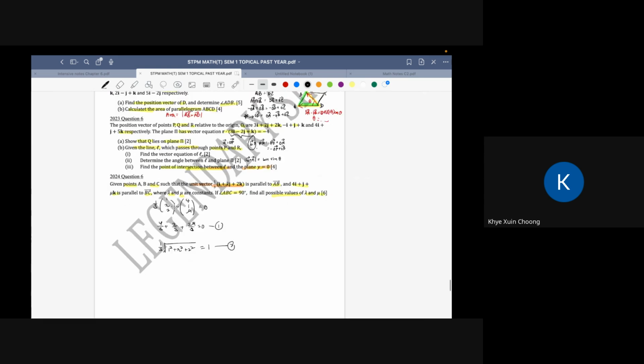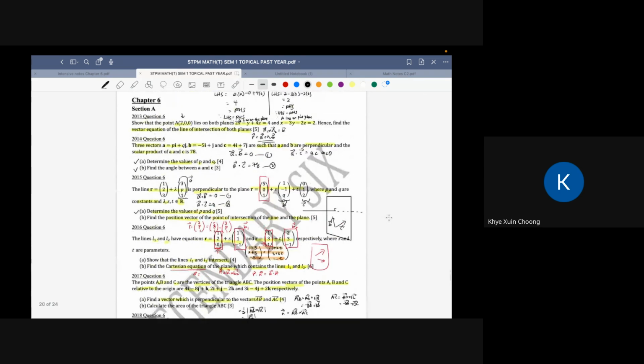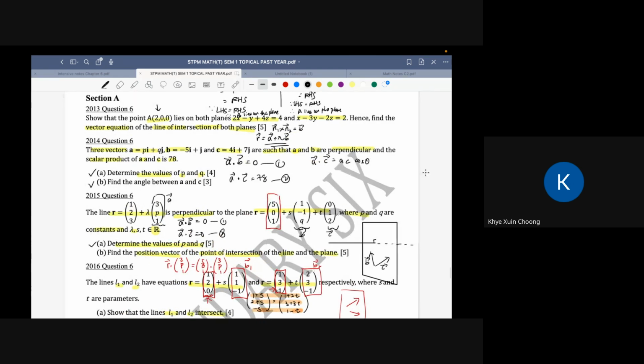So you find that the vector questions are so easy? Like from what I discussed, this is for section A. Section A is the easy part. It doesn't require you to think much into details. You just apply what you learned. So our target is to do section A as much as we can.